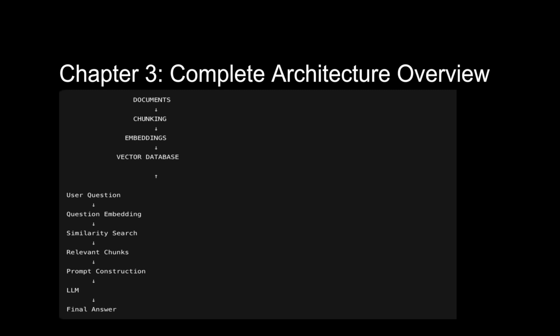Then comes prompt augmentation. The system creates a prompt where context is added to the user query. Here the context is employees receive 20 annual leaves, unused leaves carry forward, and the question is how many annual leaves are allowed.